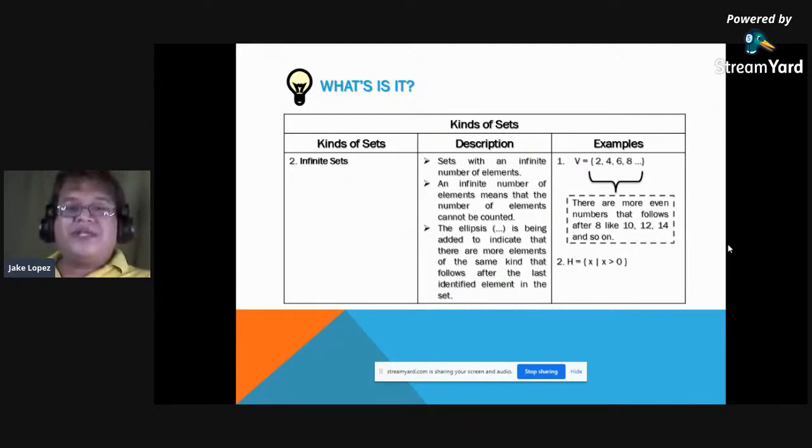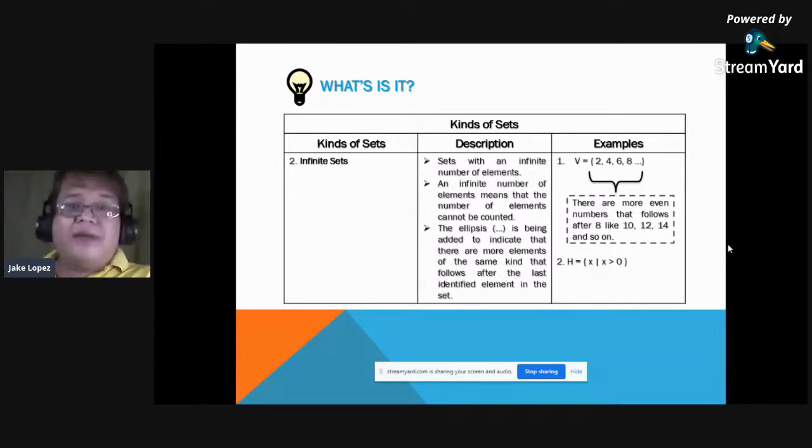So the ellipsis, the three periods, is being added to indicate that there are more elements of the same kind that follow after the last identified element in the set. So for example, we have the set V equals 2, 4, 6, 8, and then tatlong period. So ibig sabihin, there are more even numbers that follow after 8.